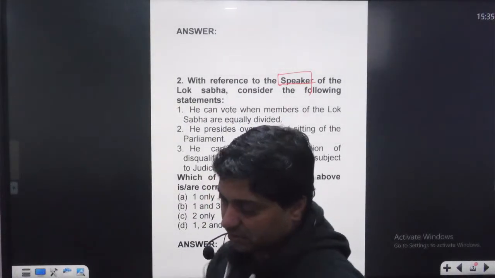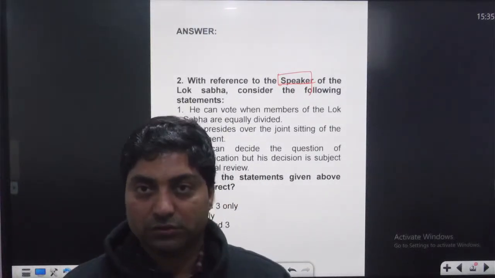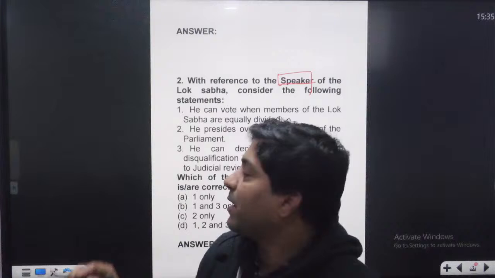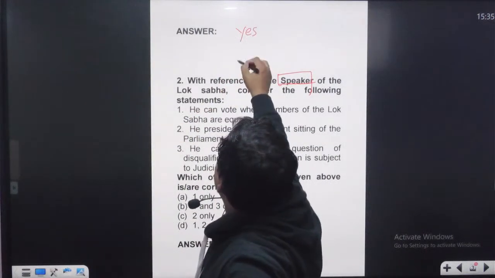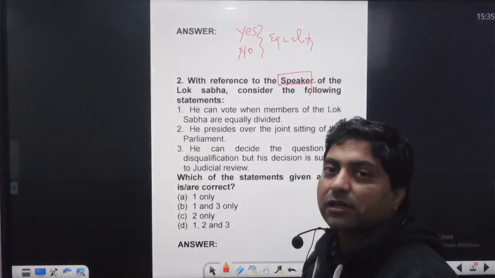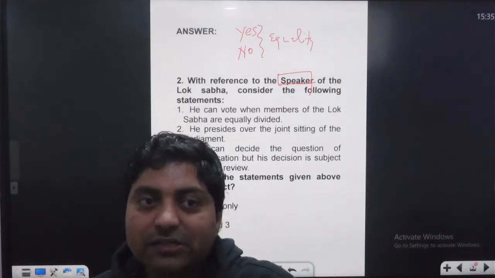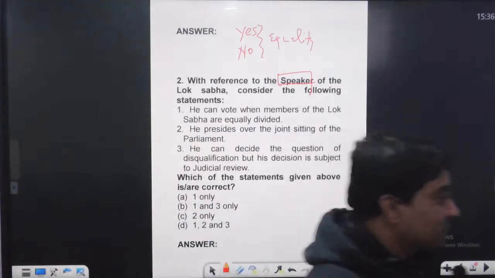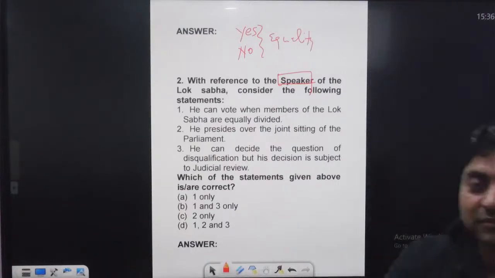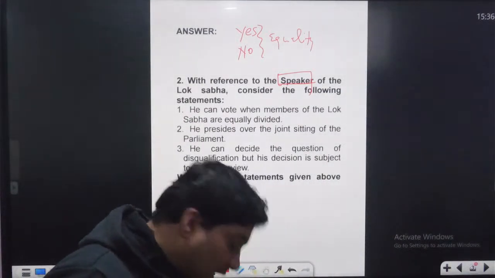What is it? When the Speaker of the Lok Sabha can vote, of course, when the votes are equal, in that case the Speaker of the Lok Sabha votes, and that is called casting vote.